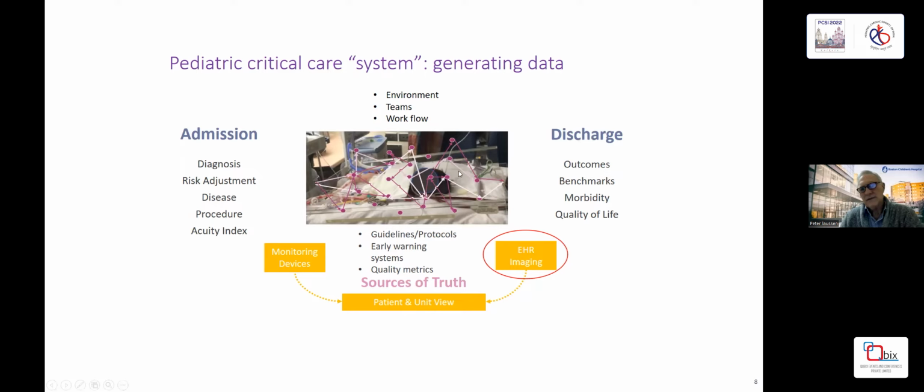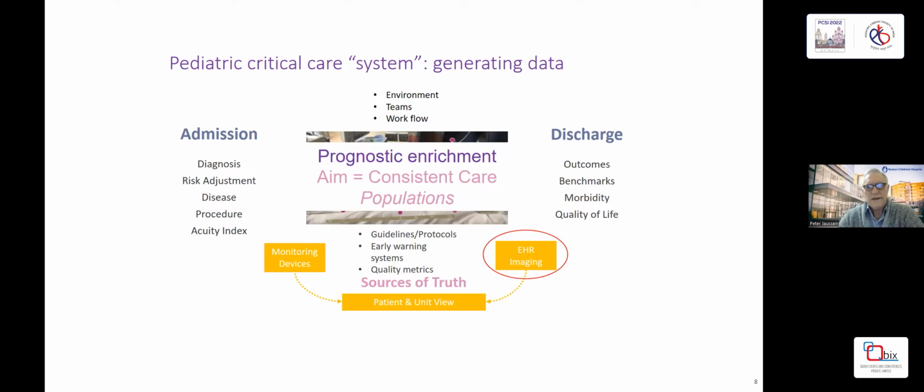Now, some would say that that's just reflecting practice variability, that there's no need to have this variable decision making. Well, if it is practice variability, then using data from the EMR and registries for prognostic enrichment should allow consistent care, and it can be applied to a population of patients.